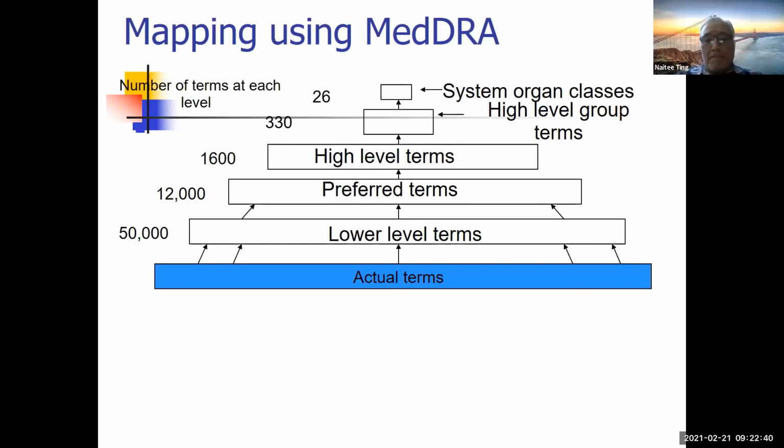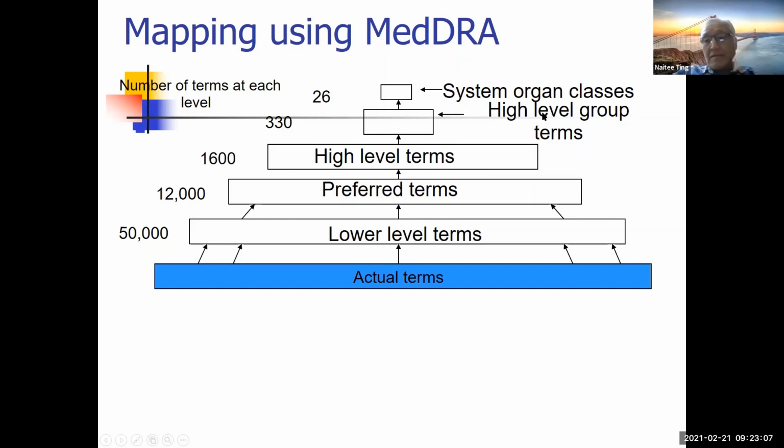So MedDRA, I mentioned that this is a very important contribution from ICH. Medical Dictionary for Regulatory Activities. Remember I said SOC, System Organ Class, right? Of course, MedDRA is not a static document. MedDRA is a live document.